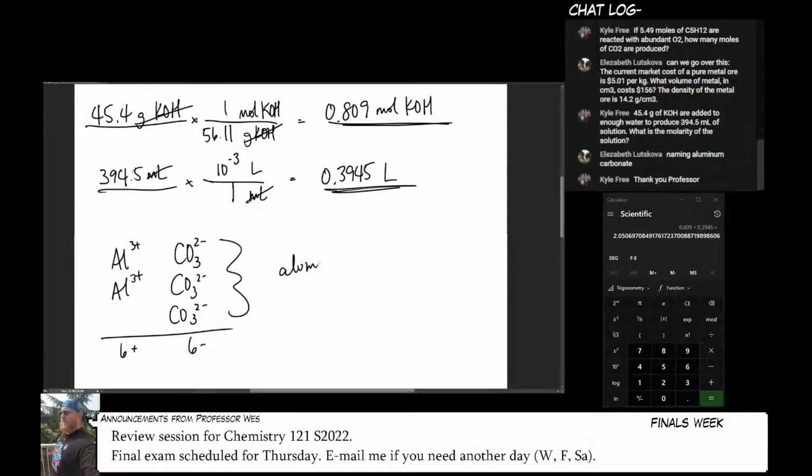And this would be aluminum carbonate, or Al2 carbonate with 3. Sorry, I wasn't sure what you meant by the last problem. So hopefully that's what you meant.